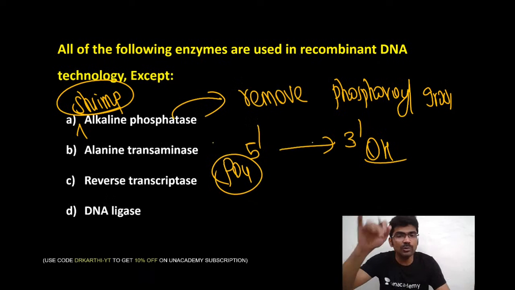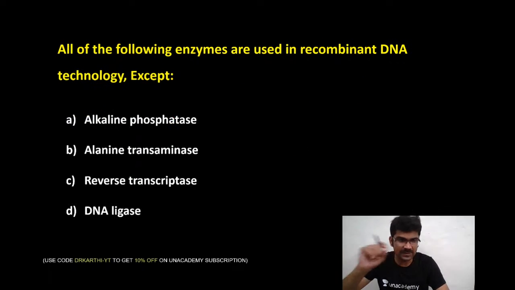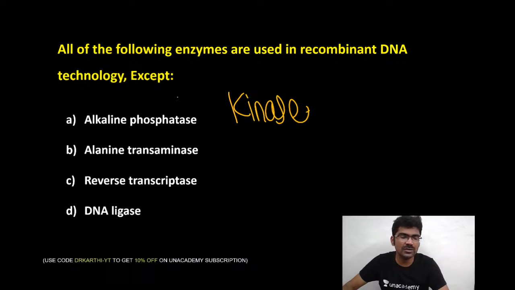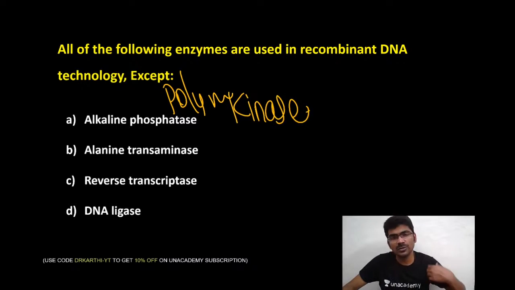If you want to add a phosphoryl group, you will use kinases. There is something called polynucleotide kinase, which will add phosphate.